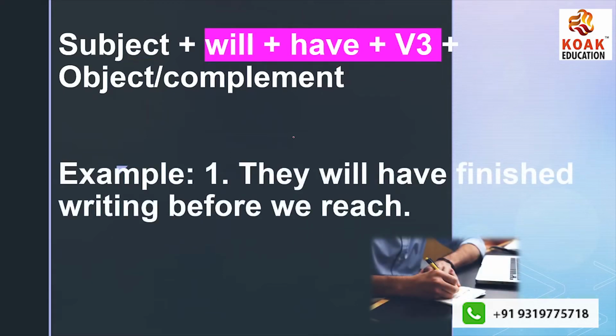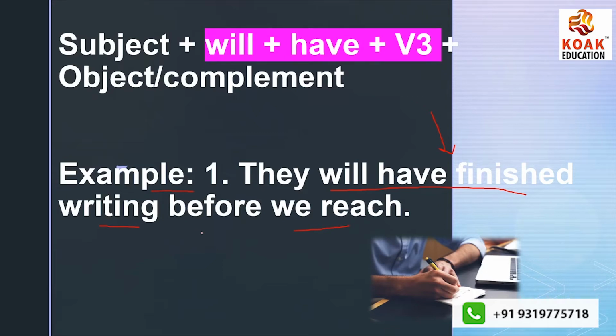For example, they will have finished writing before we reach. They will have finished writing, which means the action will be completed by the time we reach there. So this is one such example of future perfect tense.